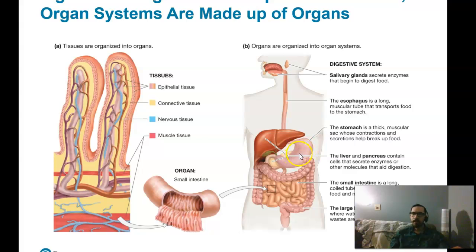The absorption takes place in the small intestine. Then you have the liver and the pancreas, which secrete enzymes to aid in digestion. After the small intestine, you have the large intestine where mainly the water is reabsorbed and the food is compacted.